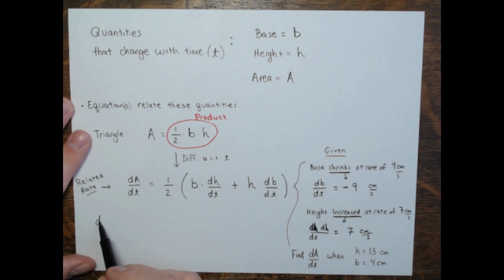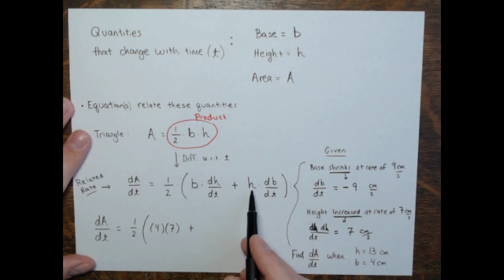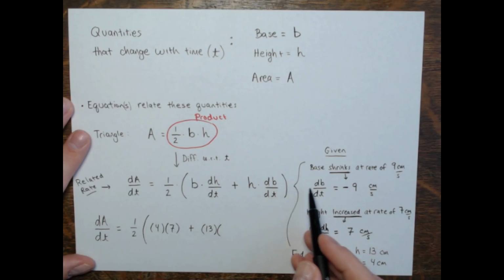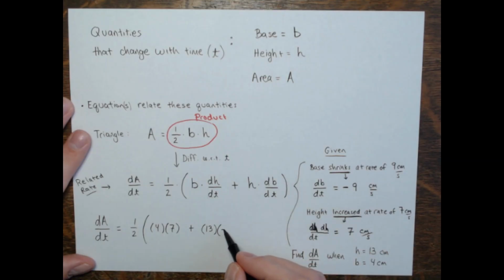So at this moment, dA dt is half of b times h prime. So the base 4, h prime was 7, so 4 times 7, and then plus the height times b prime. The height at this time was given as 13. And then again, b prime is negative because the base is shrinking. So times negative 9.